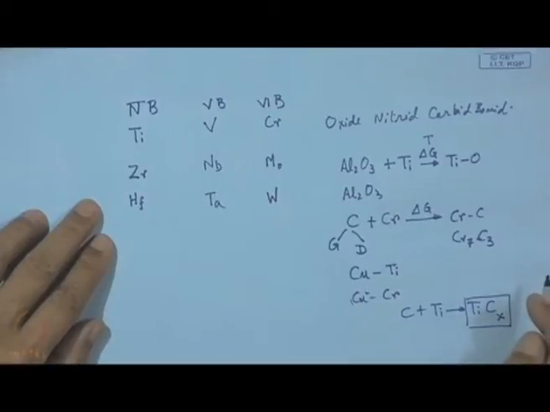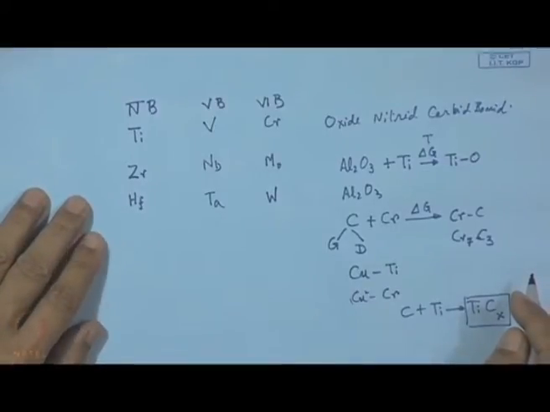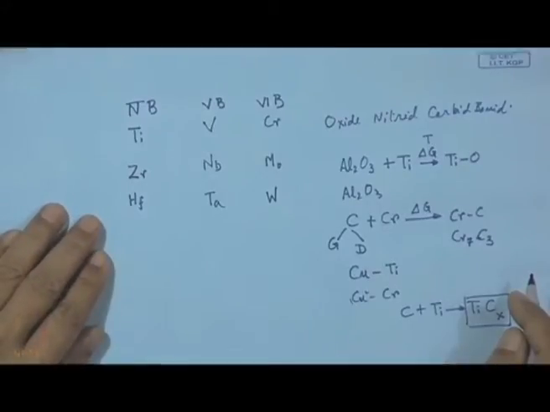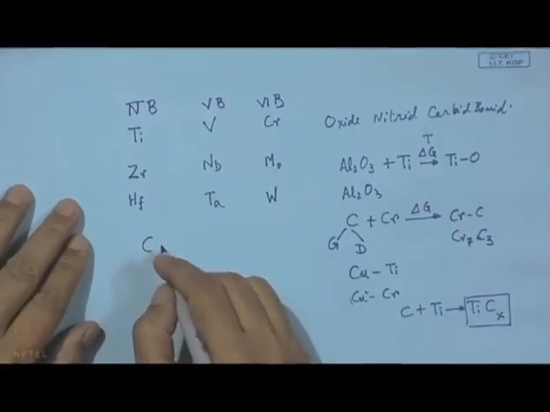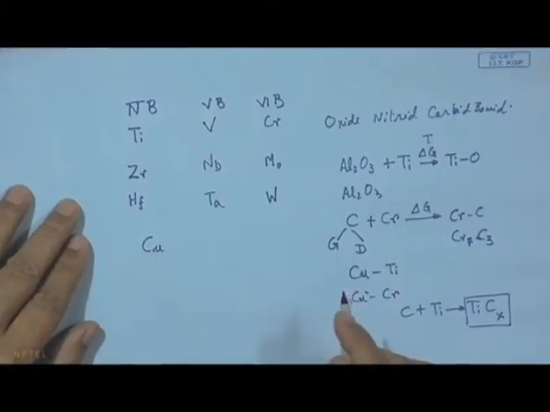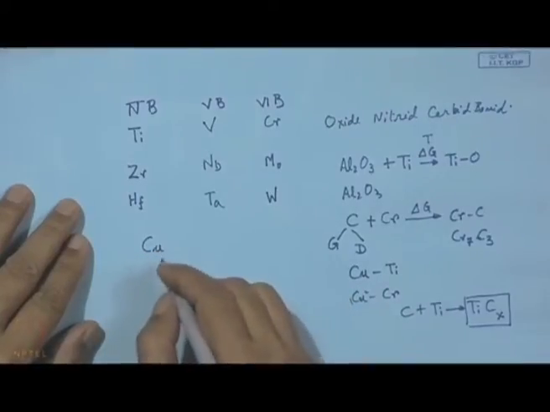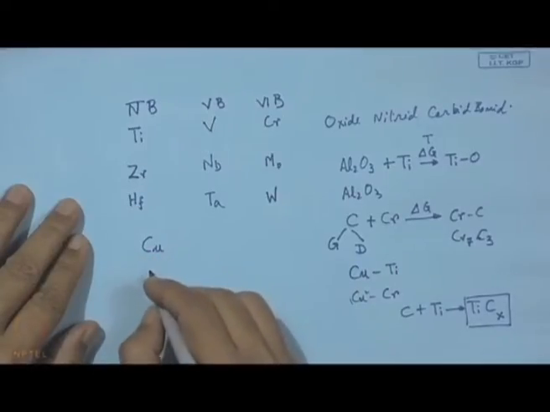So, this way one has to look for the right reactive element which can go into solution with the parent material. Now, the parent material normally used in common engineering use, copper may be one of the strategic materials used for this wetting purpose.